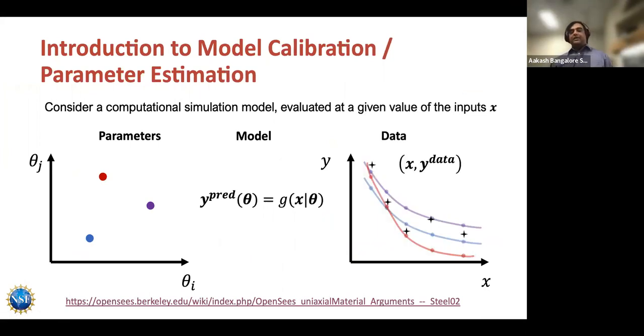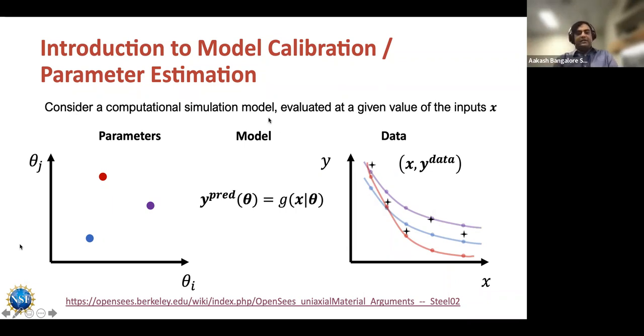Now we have experimental data, so data available from some experiments. At the same values of the inputs for which we have the data, we can also run the simulation and obtain the corresponding predictions from the model. For different parameters, there are different relationships.